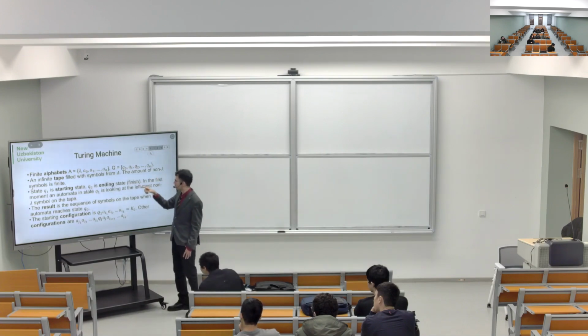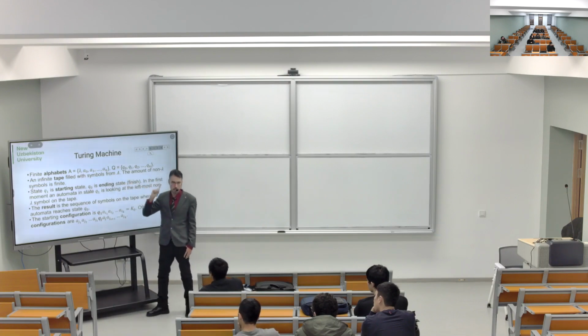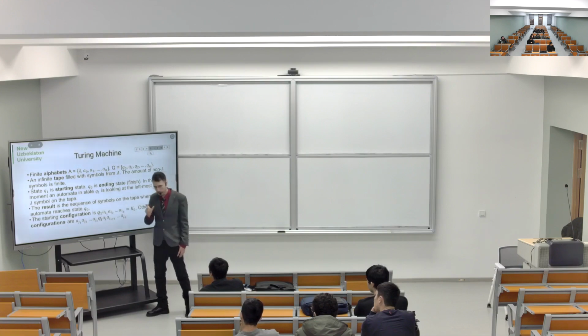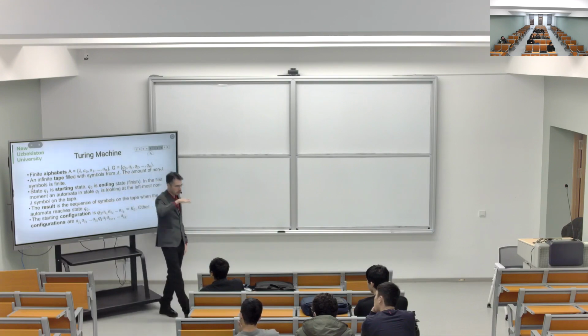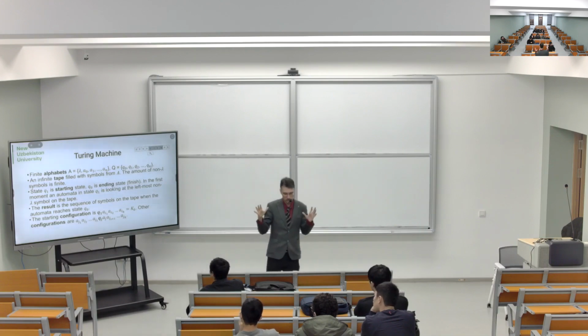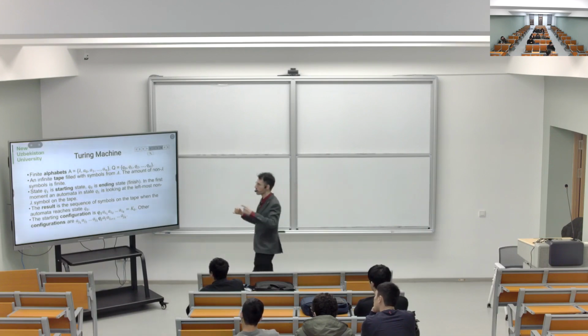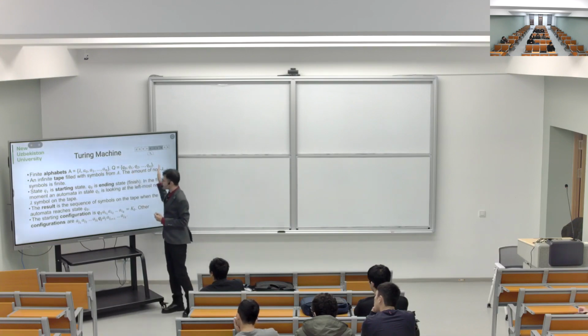The infinite tape is filled with symbols from A, but only a finite number of symbols are not lambda. All other symbols are lambda, and some finite subset of the symbols is non-lambda. So this is just a set.